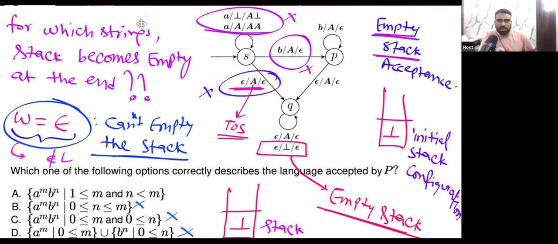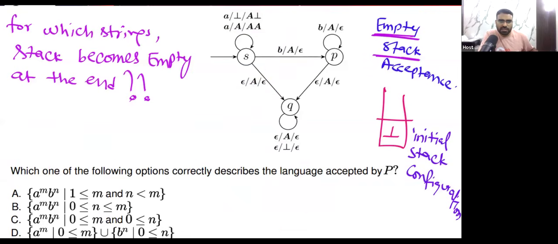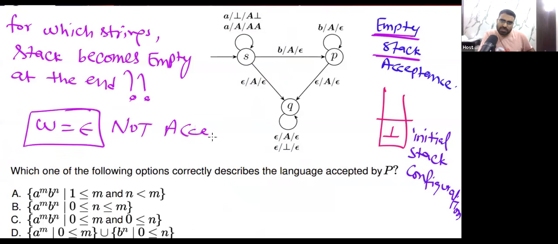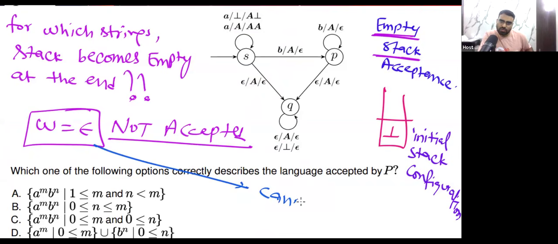Actually by the empty string you can eliminate all the other options. There is an interesting thing here: w equal to the empty string is not accepted, because for this string you cannot empty the stack.